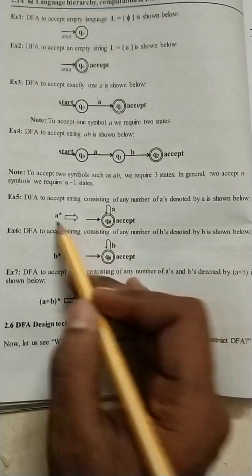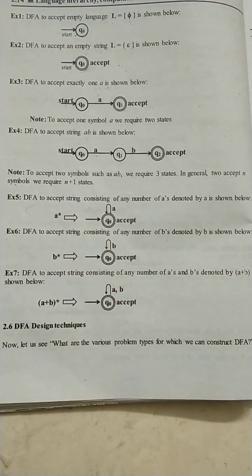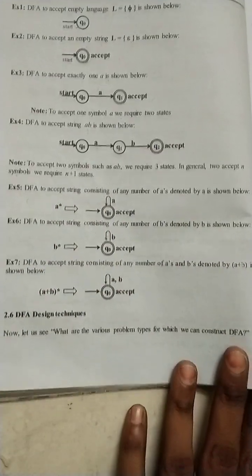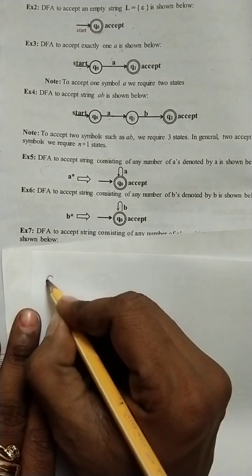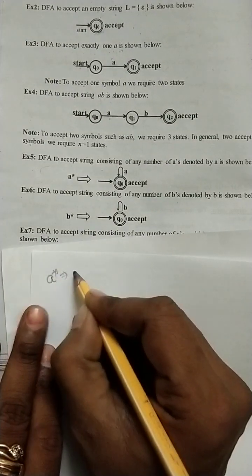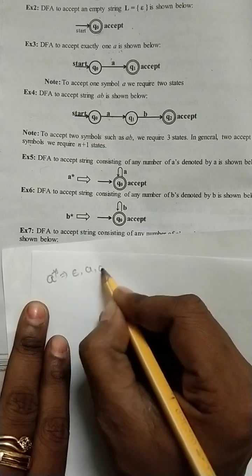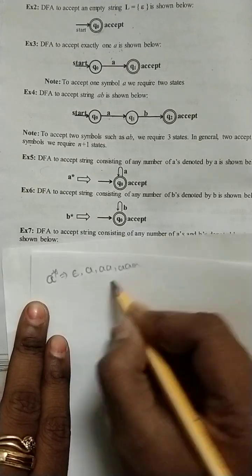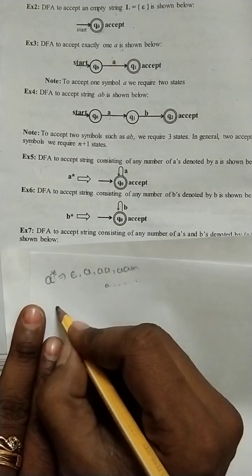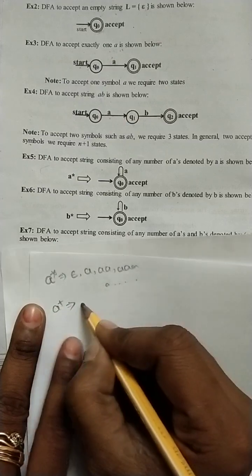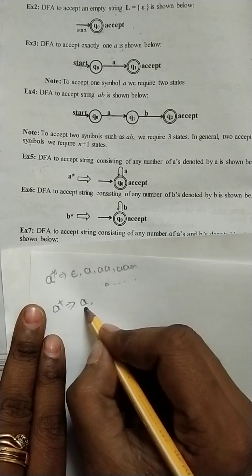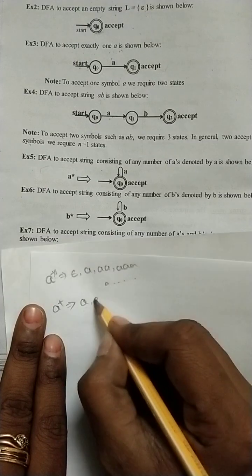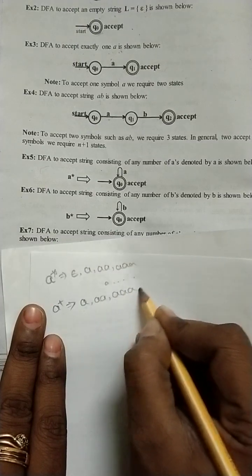Next one. DFA to accept a string consisting of any number of A's. So consider A star means it can be epsilon, single A, double A, triple A or any number of A. Whereas A plus means minimum one A should be present, followed by any number of A's.